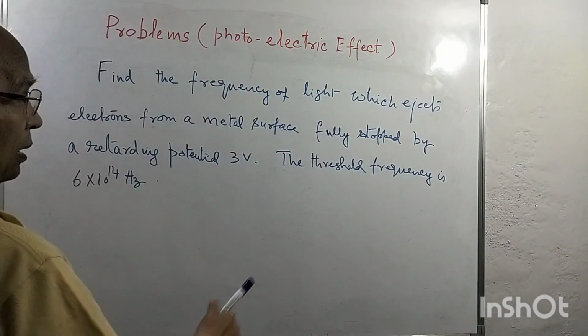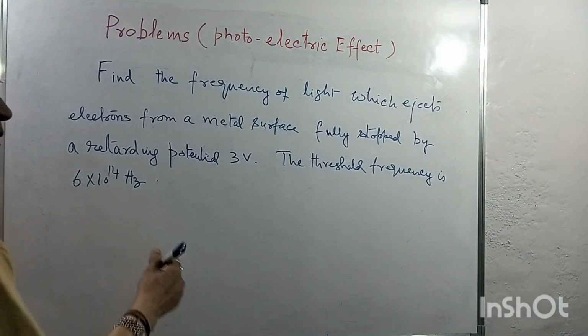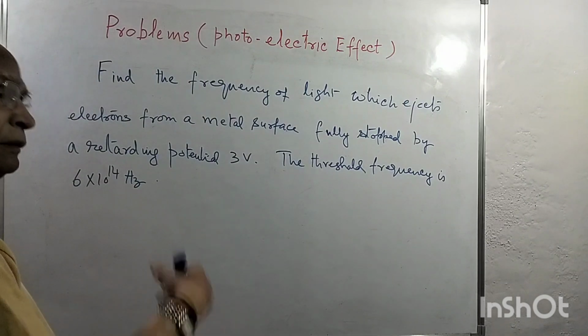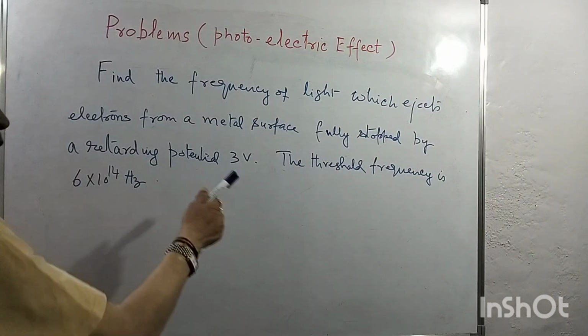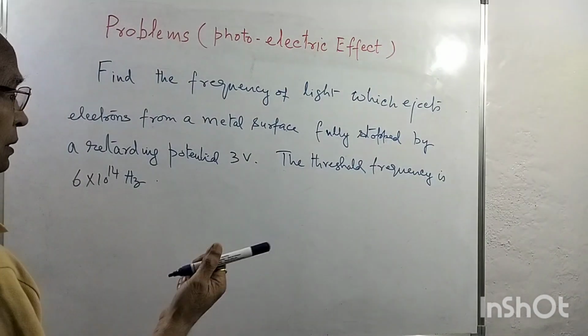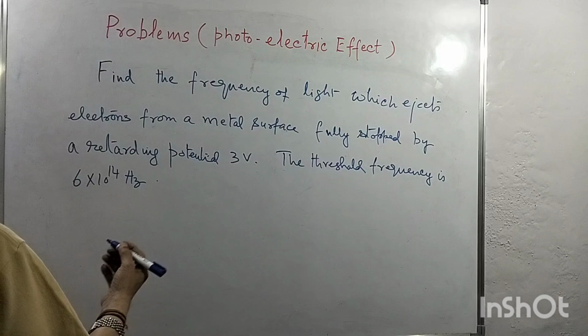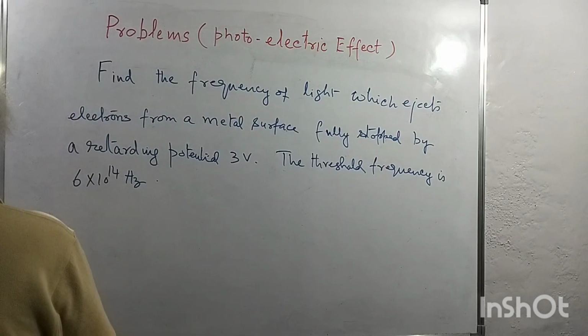So this is the threshold frequency, meaning above this frequency the photoelectric effect takes place, or this will give you the work function of the metal surface. That is easy.